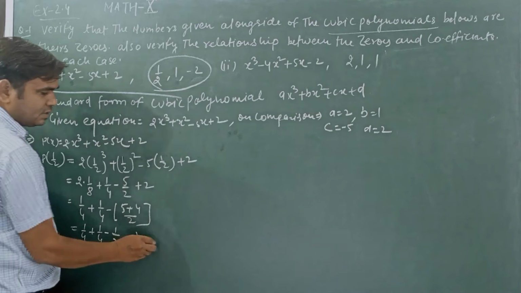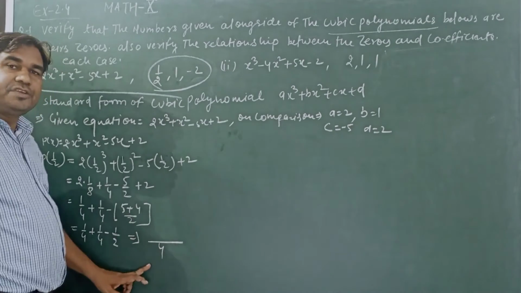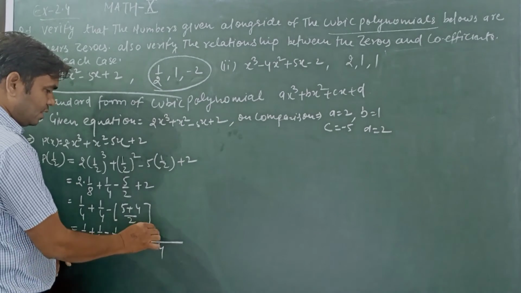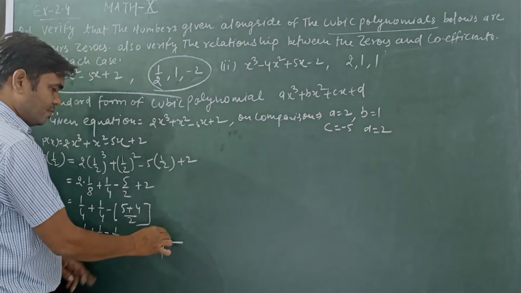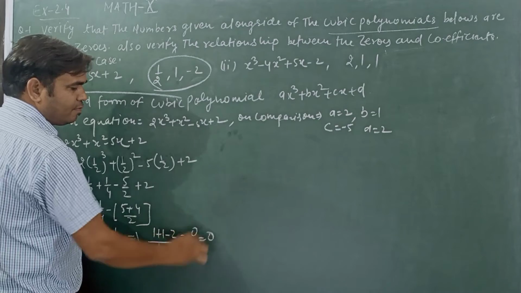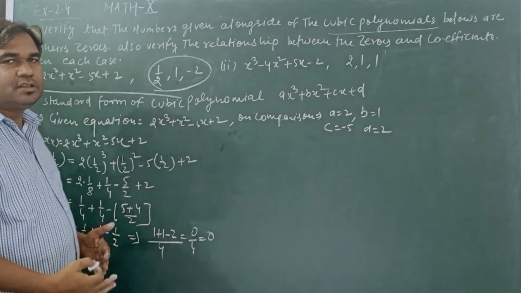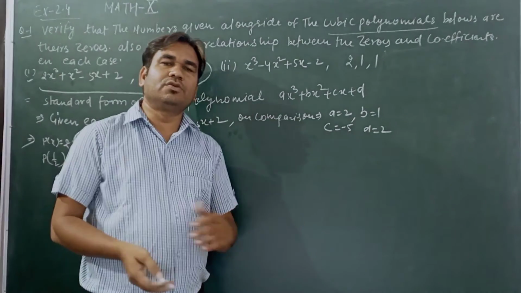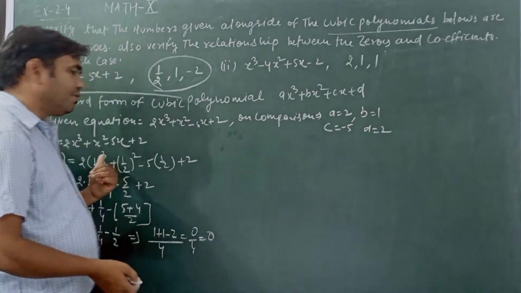After taking LCM 4, we get 1 plus 1 minus 2, that is 0 over 4, which means 0. So P of 1 over 2 satisfies this equation.